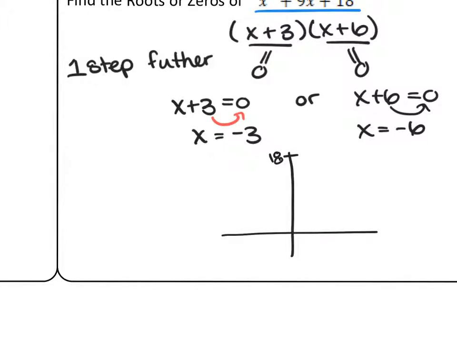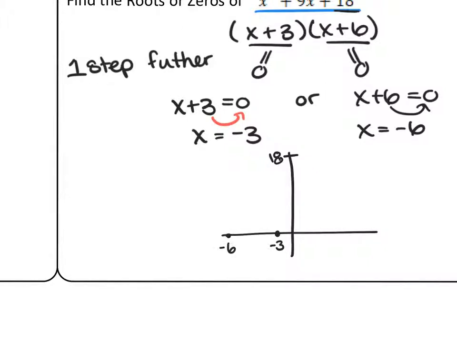And we get that from the standard version, that 18 there. But we also now know that it's going to cross at negative 6 and negative 3.